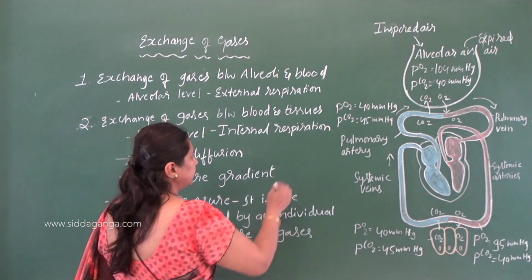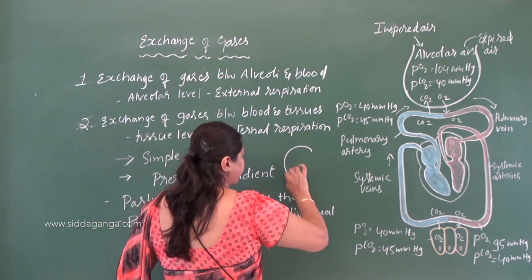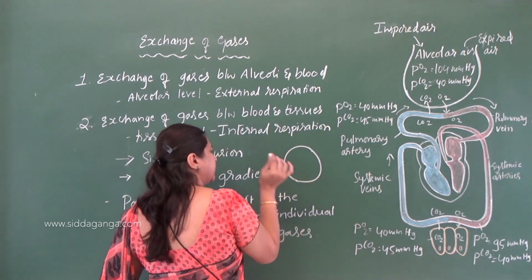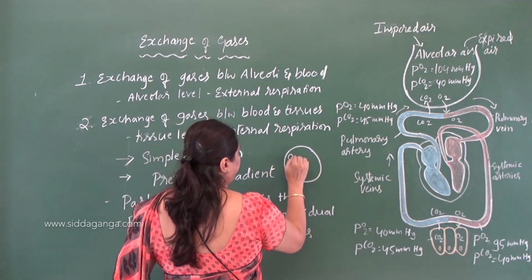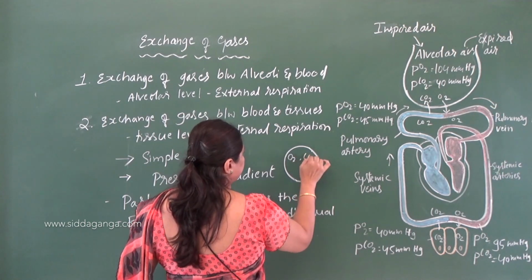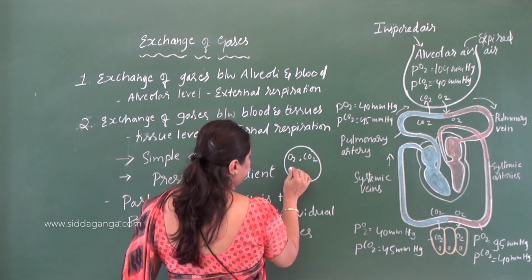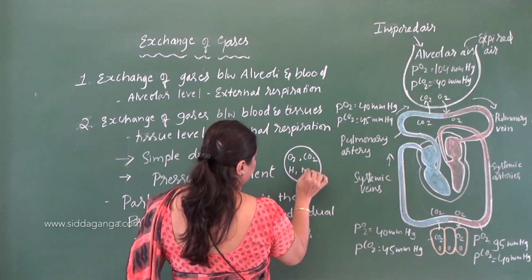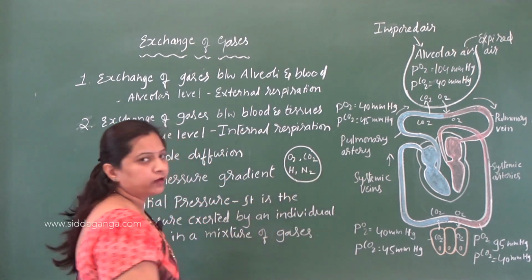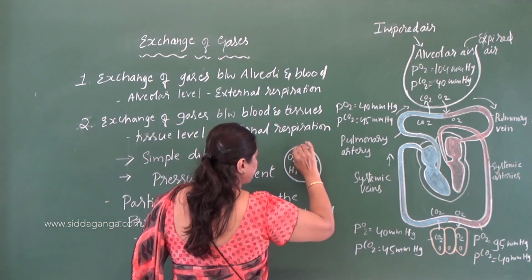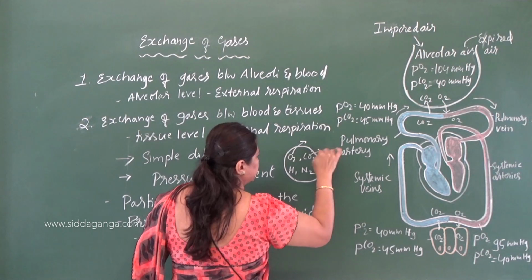You know that air is a mixture of gases, right? It not only contains oxygen and carbon dioxide, it also contains hydrogen, nitrogen. So each gas exerts its own pressure.